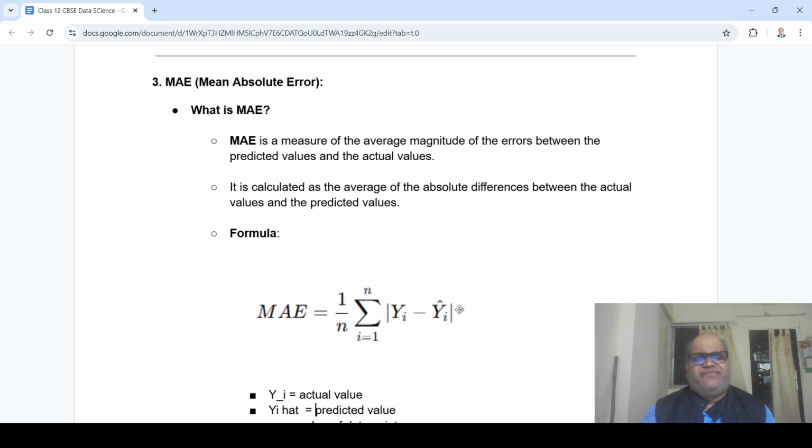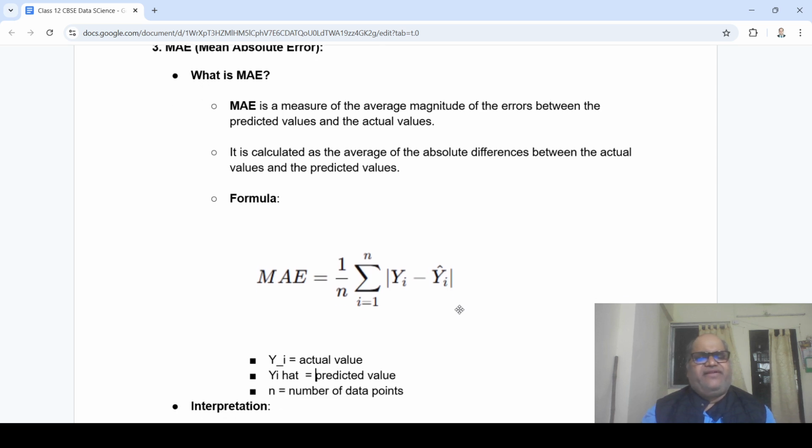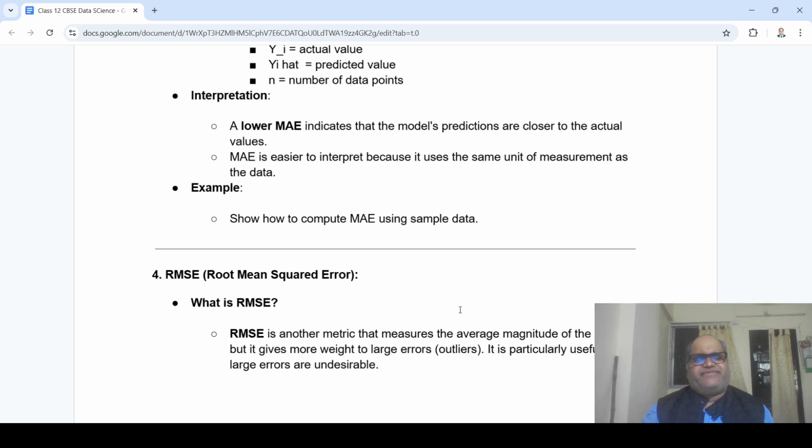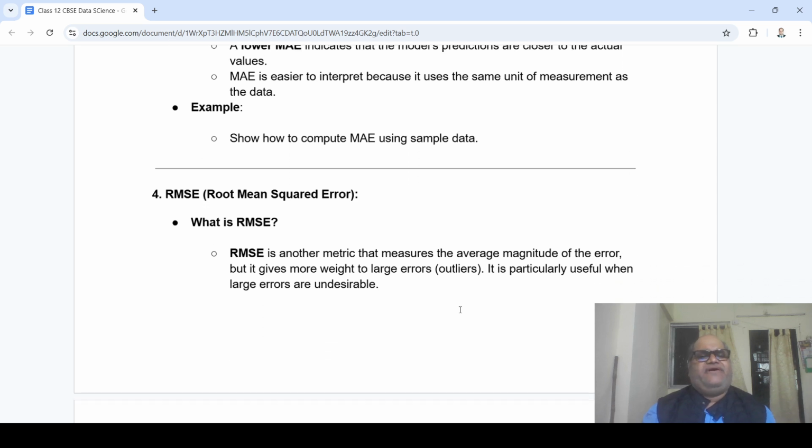How to calculate MAE? You saw it, right? You take the predicted outcome and the actual one, take the absolute value of that difference, sum it across all the data points, and divide by the total number in your sample. We'll see one actual example in the next slide or so.